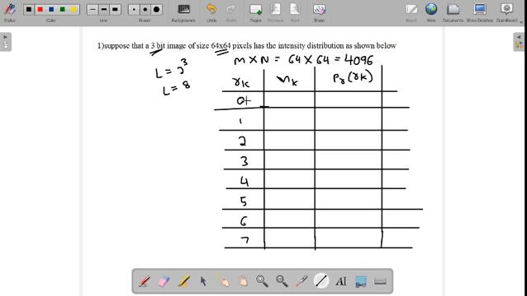So there are 8 intensities, 0 to 7. Let us name these as R0 equals 0, R1 equals 1, next R2, next R3, R4, R5, R6, and R7 equals 7. Clear here?